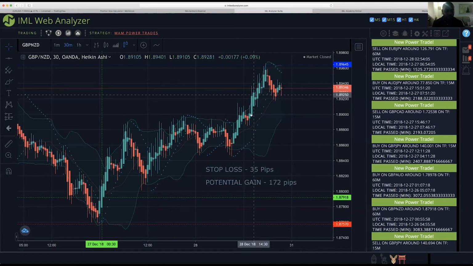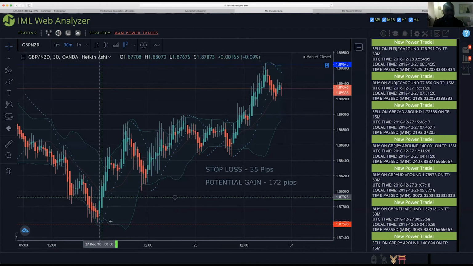Now, I pulled up one earlier just to save time. This was the Great Britain versus the NZD dollar. And what happened is they gave us an alert that said there's a trade or investment opportunity right here where these green lines intersect. Marked it out so that we could see it. We would put our stop loss here in case it goes in the wrong direction instead of buying.